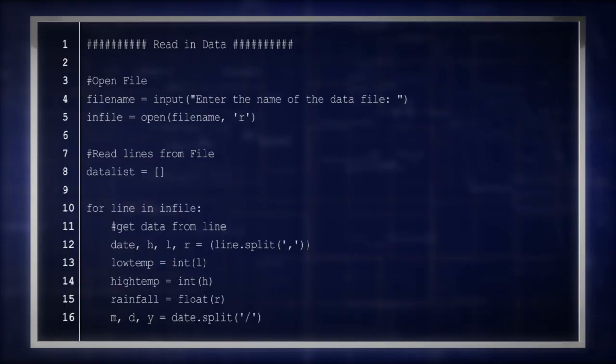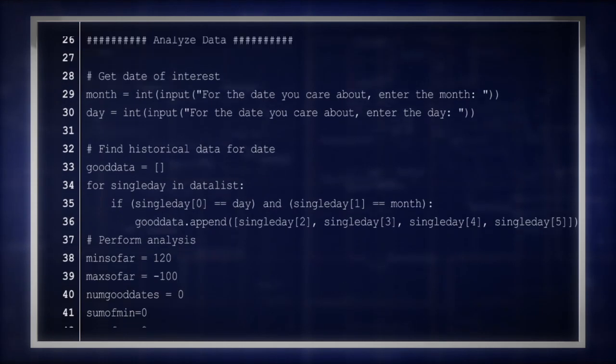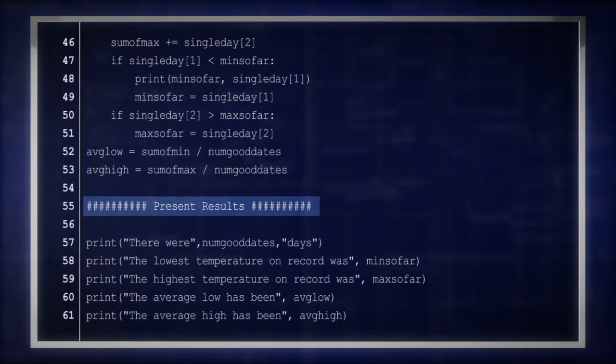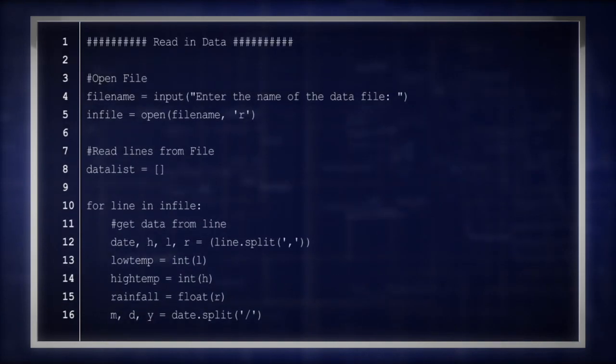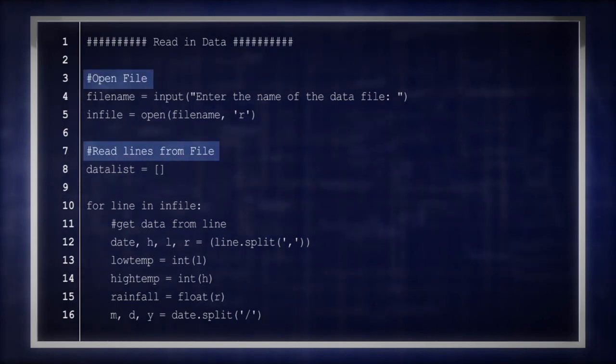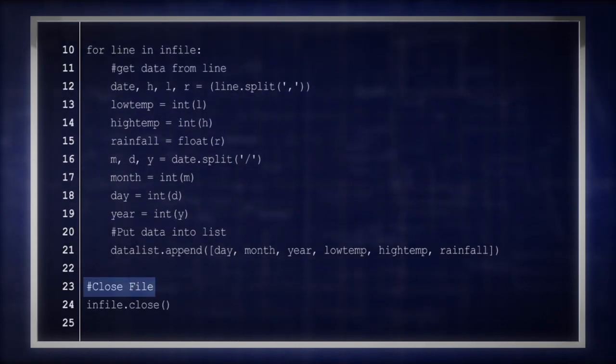What we did was take our overall problem, and decompose it into the main tasks: reading in data, analyzing data, and then presenting data. And we broke each of those tasks down further. For example, we broke reading in data down into 3 parts: opening the file, reading in lines from the file, and closing the file.